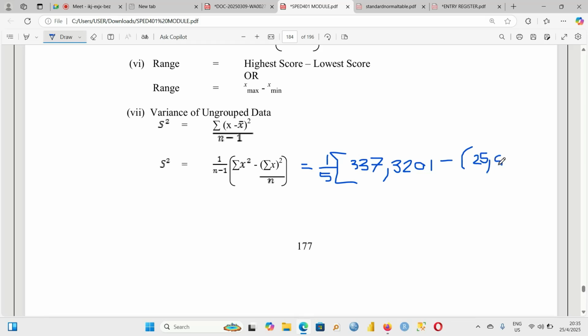Then I have to square this one, then I divide by the total, that is 6.